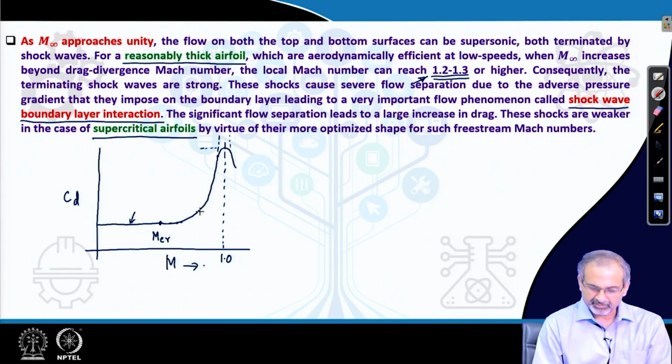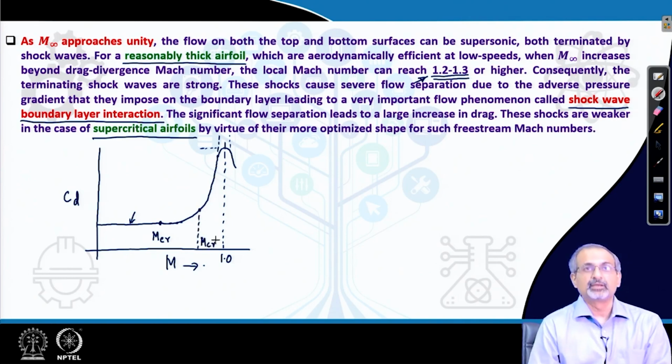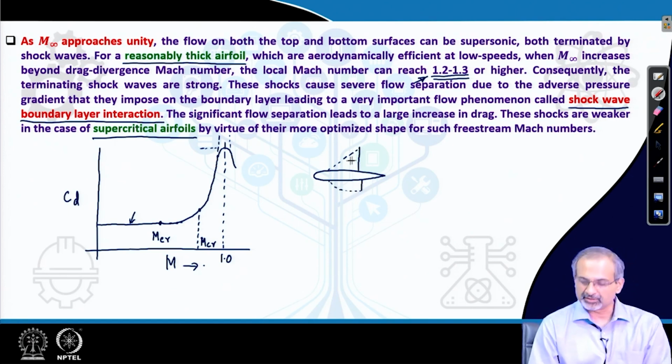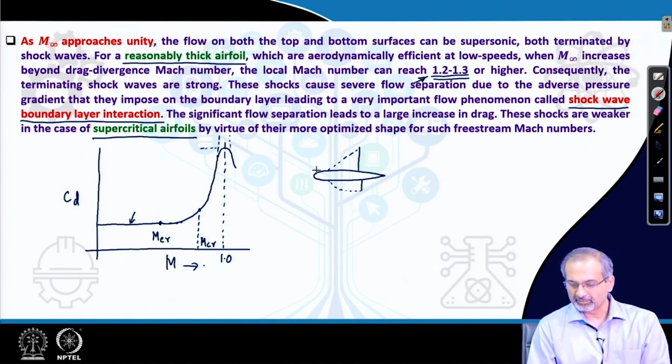And drag divergence Mach number is typically in this range from where the drag increase is happening very rapidly. And as we said, in thicker airfoils, which are apparently meant for operation at much lower Mach numbers, you have strong shocks formed on the upper and lower surfaces, and usually these shocks would interact with the viscous flow, the boundary layer, and make them separate.